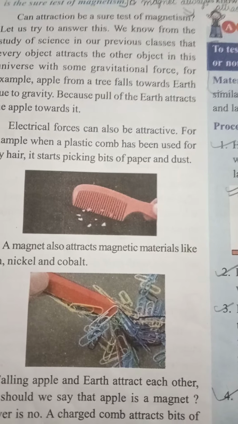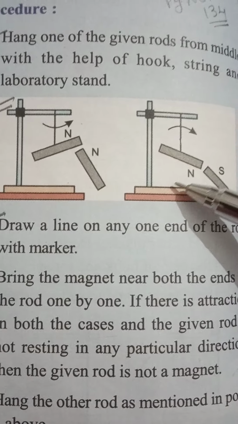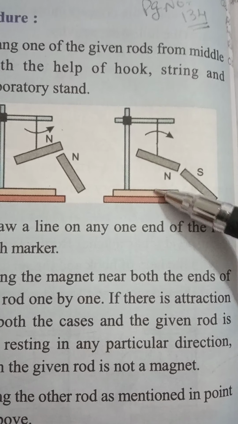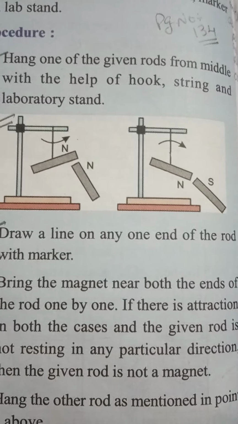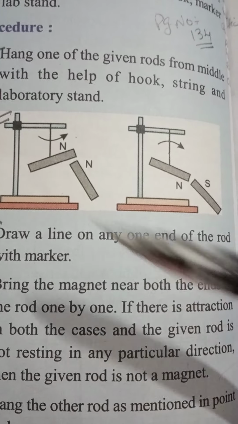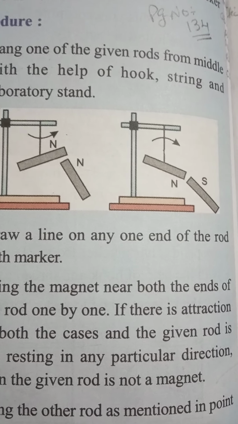So let us give a simple example with the help of a bar magnet. In this example, we have to test whether the given rod is a magnet or not. So how can we check whether the given rod is a magnet or not?